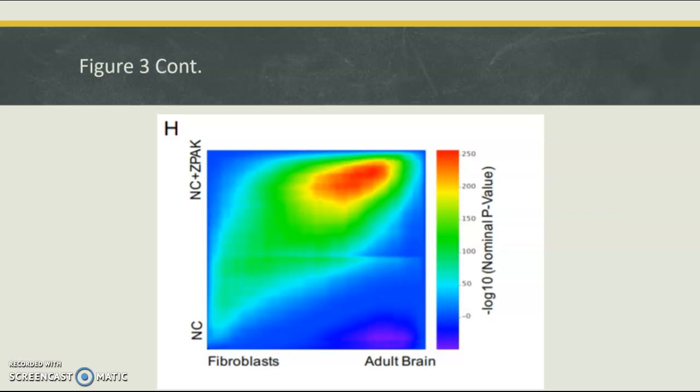Scientists observed a pronounced bias in the overlap of the Z-Pak cocktail with the adult brain, indicating that the Z-Pak cocktail-induced neurons were indeed more similar to brain expression patterns than previously thought, and it perchance has to do with the maturity of the fibroblasts.